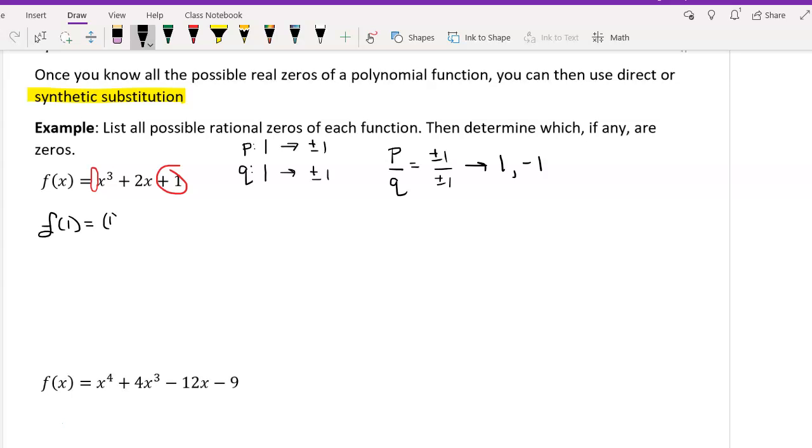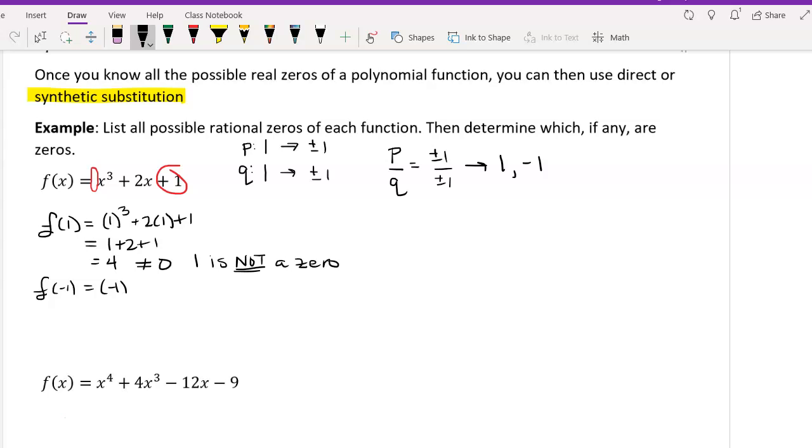f of 1 is 1 cubed plus 2 times 1 plus 1, which is 1 plus 2 plus 1, which is 4. 4 does not equal 0. So 1 is not a 0. Now let's check f of negative 1.